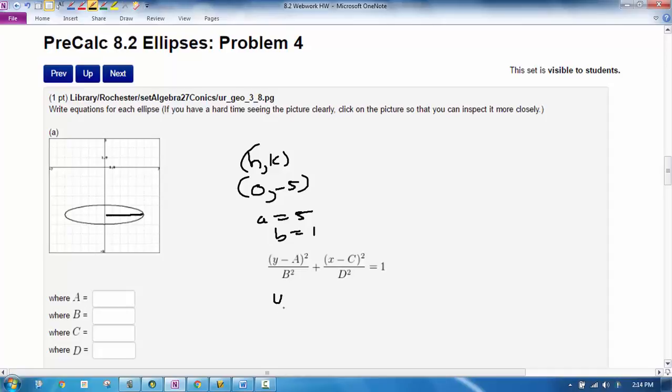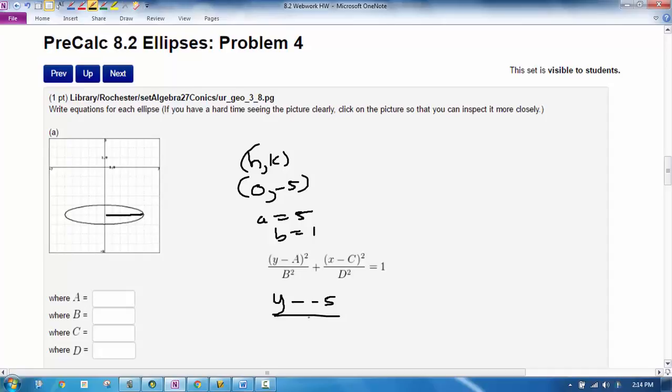So y minus k, if you compare to the formula on our formula sheet, k is negative 5. So this will become plus 5 right here. Or I can just do y minus negative 5, which is how they want us to keep it. B in this case is 1, like I said, and that goes underneath y.